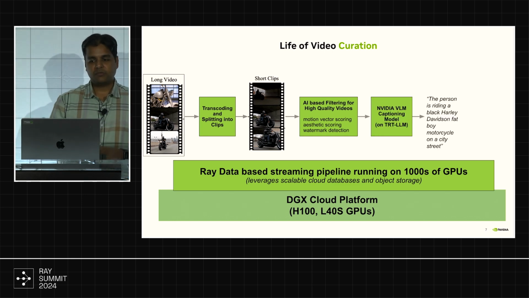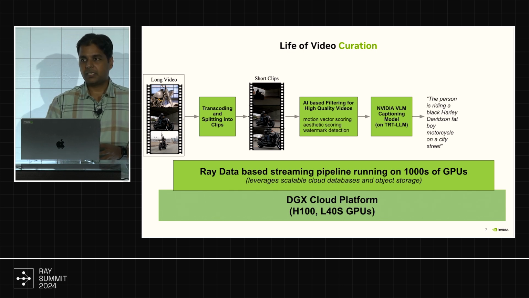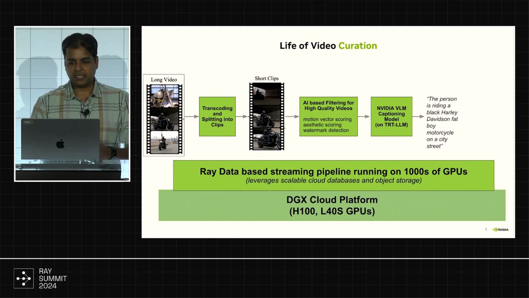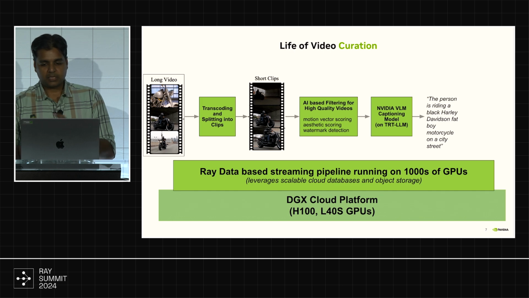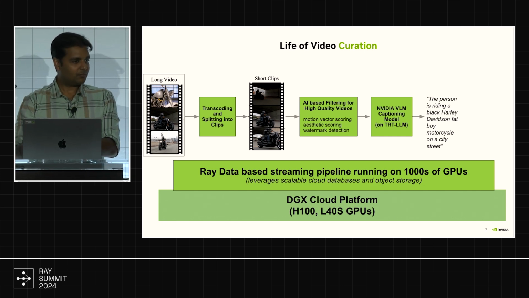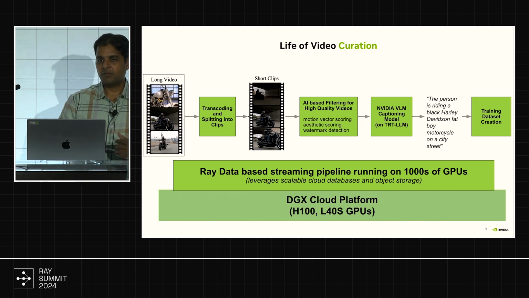And finally, we use a vision language model, as I was saying, that is trained and expert in captioning short clips, right? So that VLM is going to watch this video and then transcribe something like, the person is riding a black Harley Davidson Fat Boy motorcycle on a city street. That's what the model is going to spit out. And finally, what did we get?